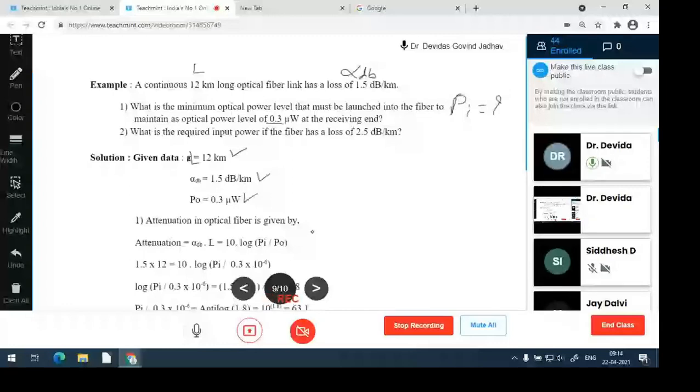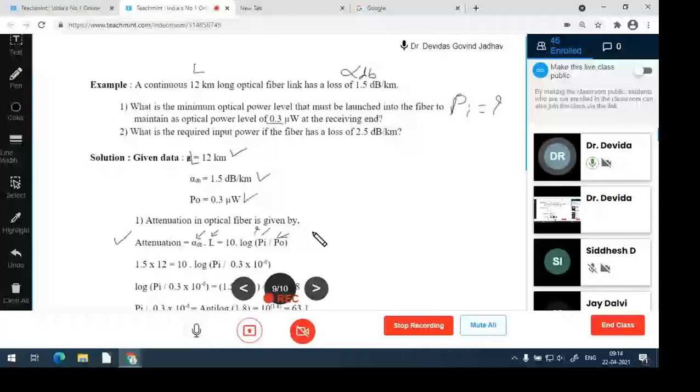So this is for attenuation. Pi is required, L is given 12 kilometer, alpha dB is given 1.5 dB per kilometer, Po is given, calculate Pi.